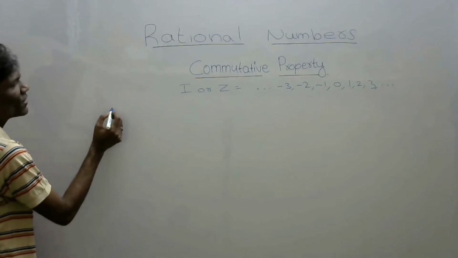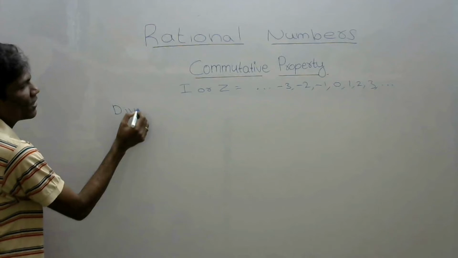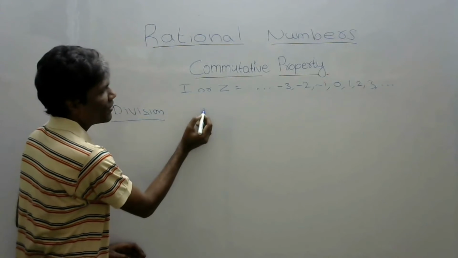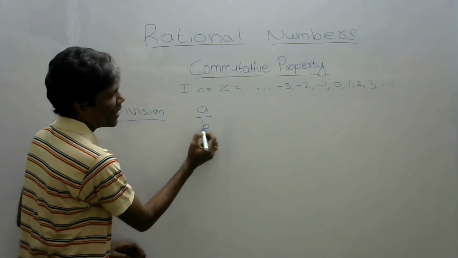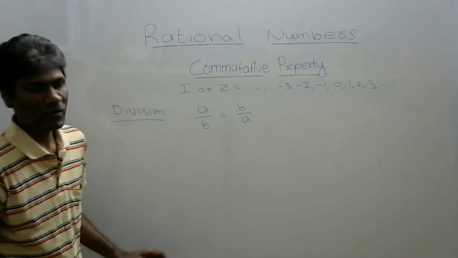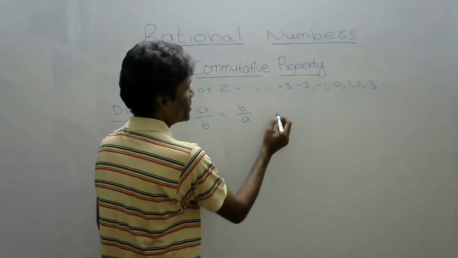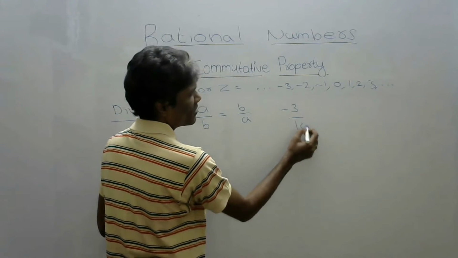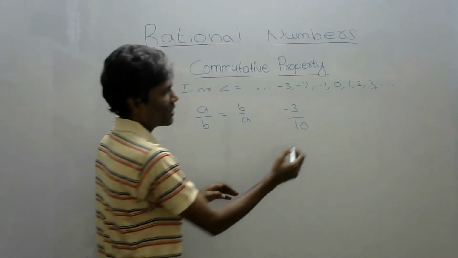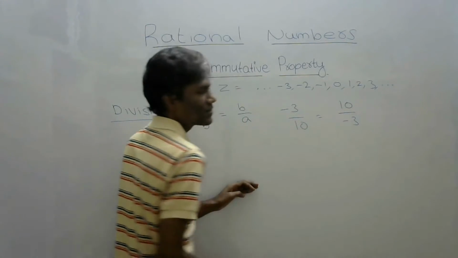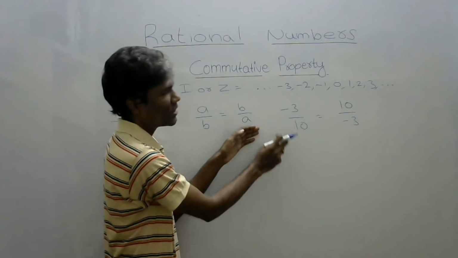Next, division. We will check with division. For division, we need to check whether a by b equals b by a. Take any numbers, say minus 3 and say 10. a by b, b by a means 10 by minus 3, so minus 10 by 3, and minus 3 by 10.